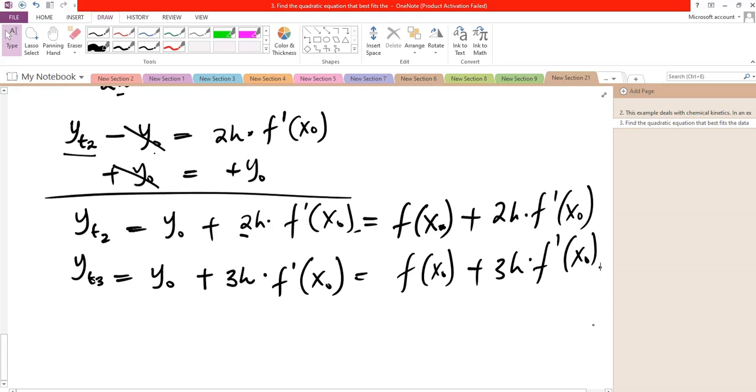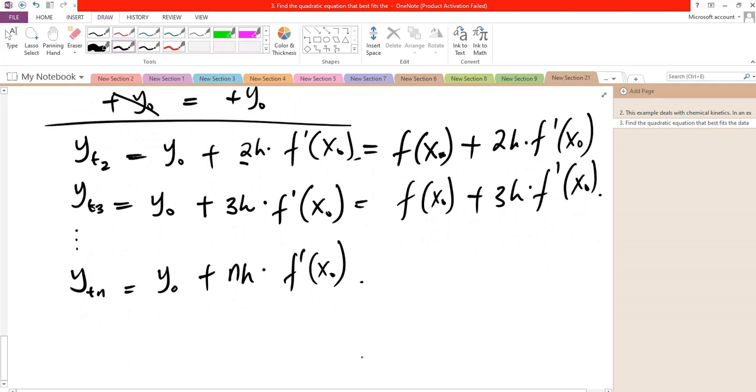Now meaning for n term, that is y subscript tn is the same thing as saying y subscript 0 plus n times h times first derivative function of x sub 0.